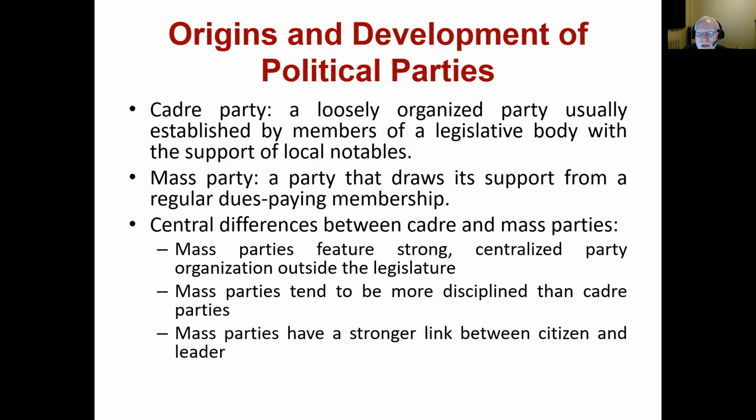When you're based on a much wider dues-paying membership, and you require broader support, a larger number of people for your financing and for organizing your voting, then the political party and its leaders have to be much more responsive to the desires of the average voter, particularly those voters who are members of the political party. So a larger number of people are involved in the political process, and their desires need to be satisfied through it.